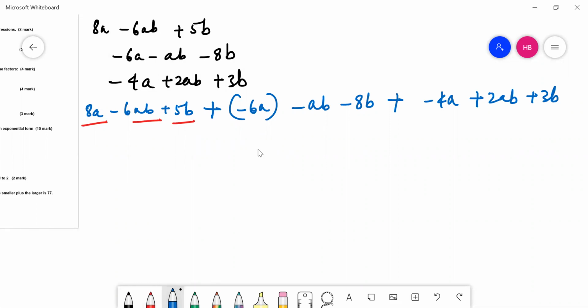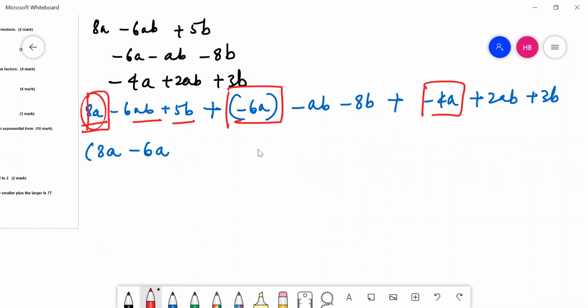So I'm going to group the a terms together. It is 8a minus 6a, and minus 4a. All three are like terms, so I'm going to group them together because they have the same variable part, which is a.